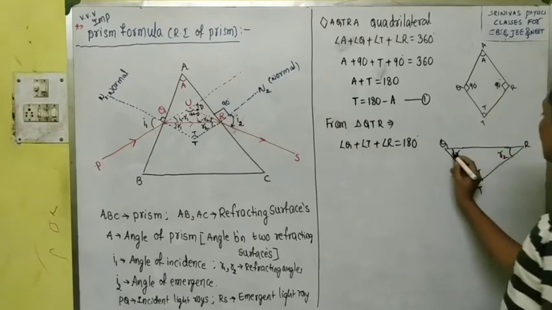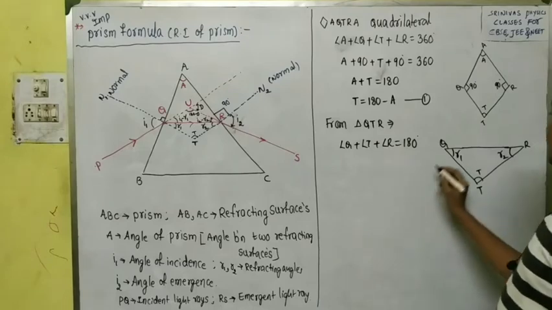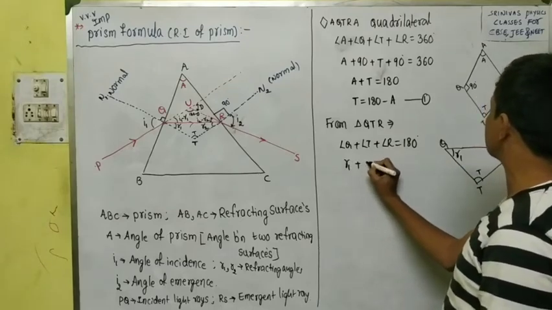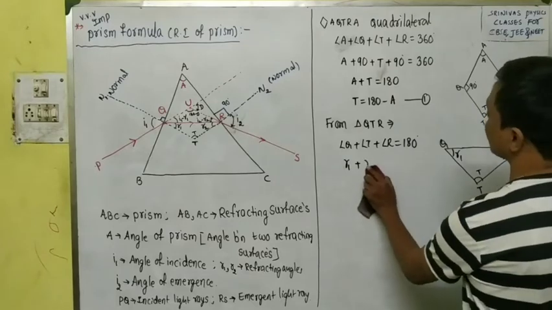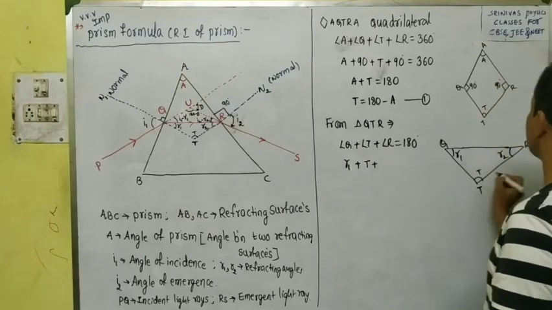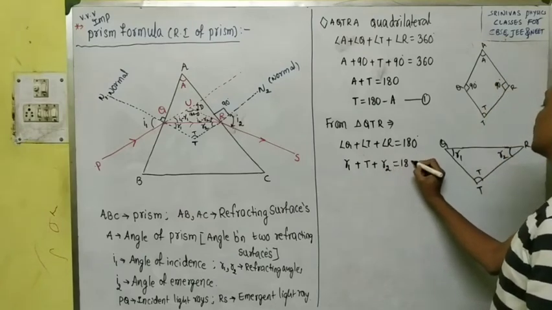The angle at Q in this triangle is R1, plus the angle at T is T only, plus the angle at R is R2, that is equal to 180.